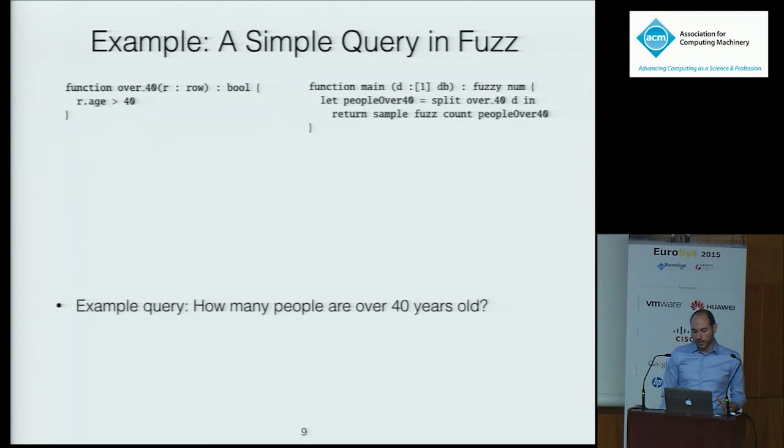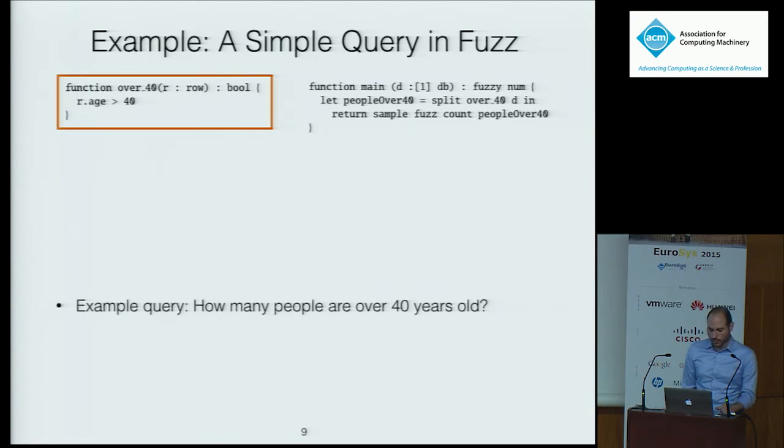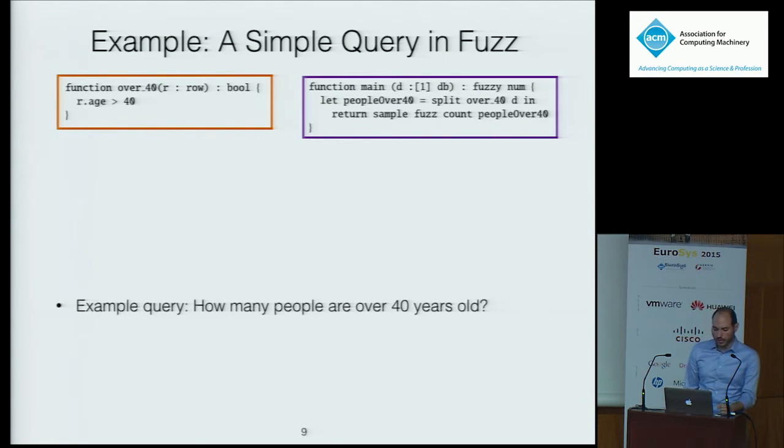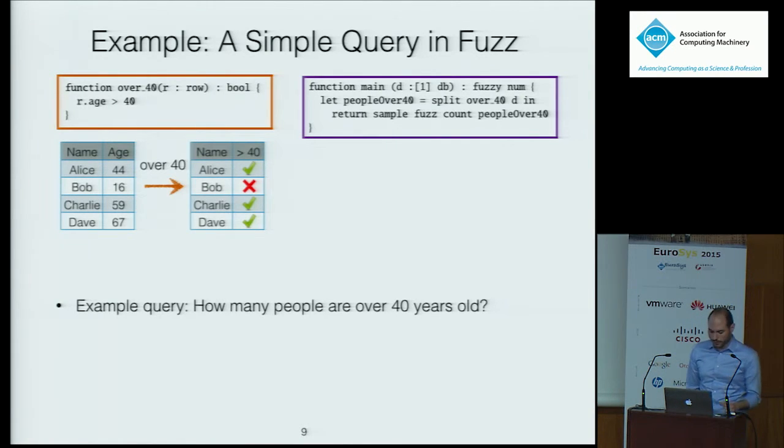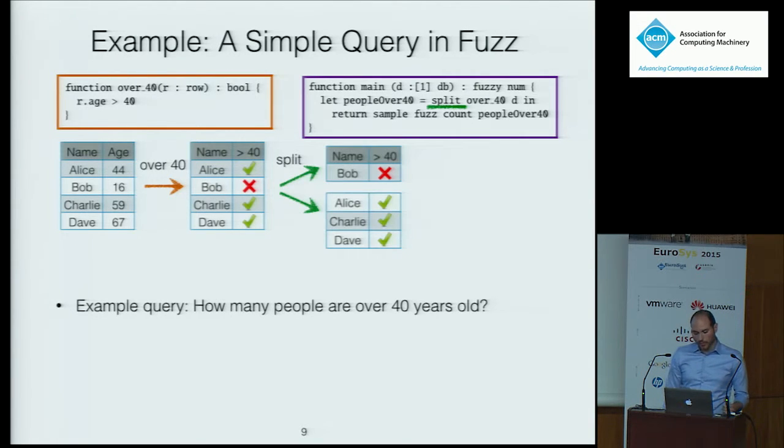This is a query that counts how many people are older than 40 years old in a database. This is the predicate that returns true if a person's age is more than 40 years old, and this is the query itself. This query first applies the predicate to the database, and after that, it splits the database into two intermediate databases based on the age of the people.